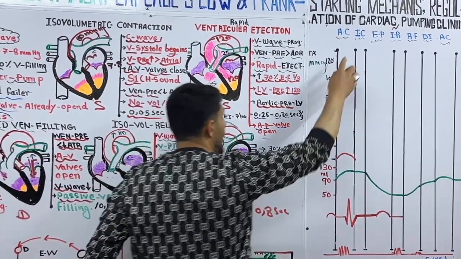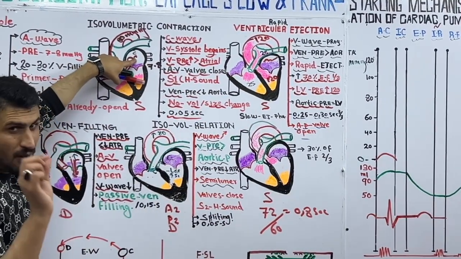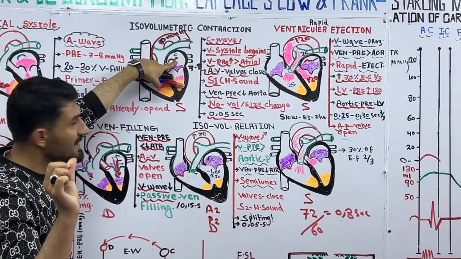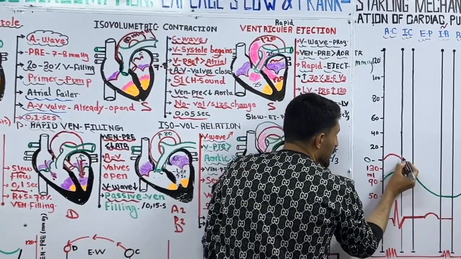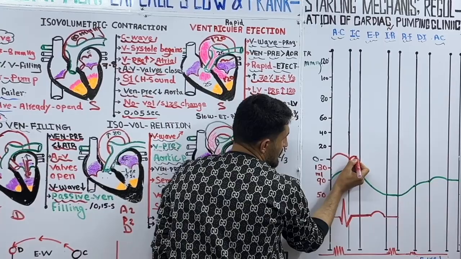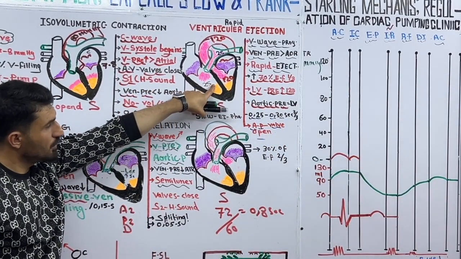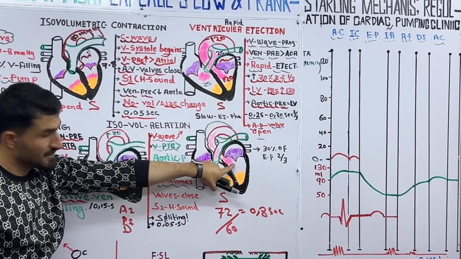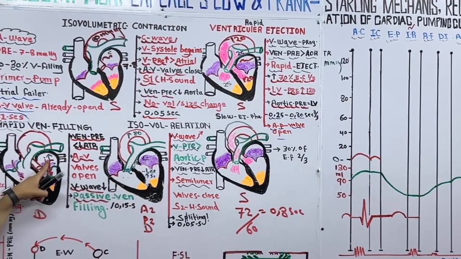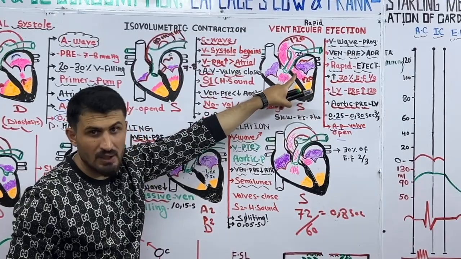During the isovolumic contraction phase, after the A wave, another small wave is produced, which is called the C wave. So here you will find a C wave. Now in the rapid ventricular ejection phase, the mitral valve is closed, and in the isovolumic relaxation phase, up to the rapid ventricular filling phase, in all these phases, the mitral valve is closed.